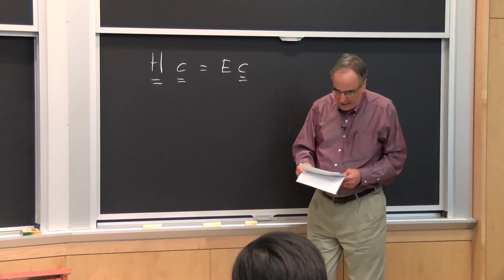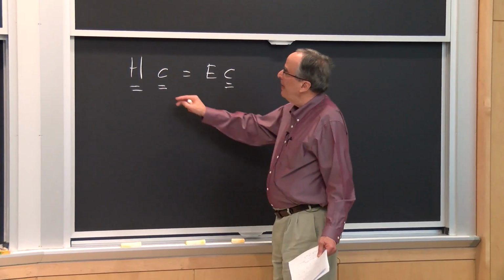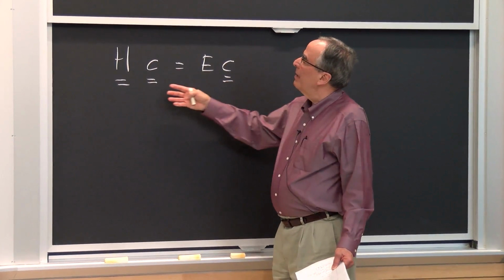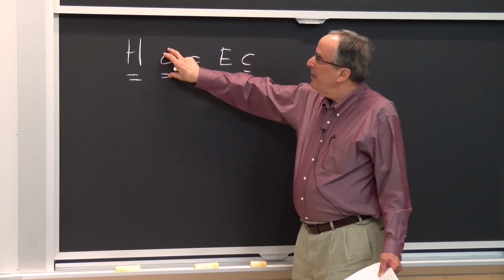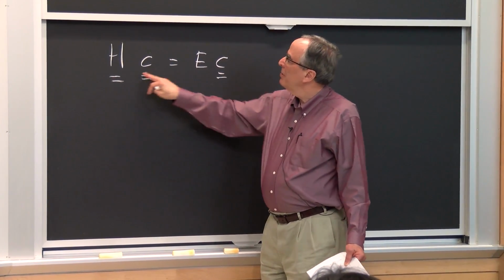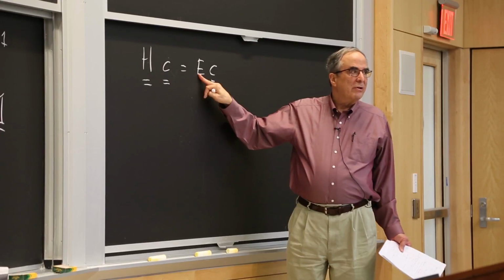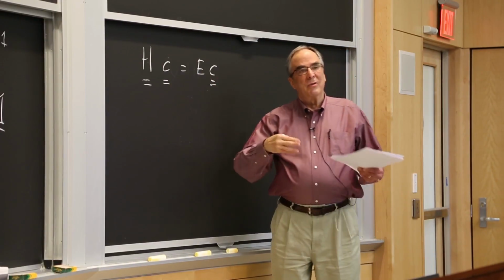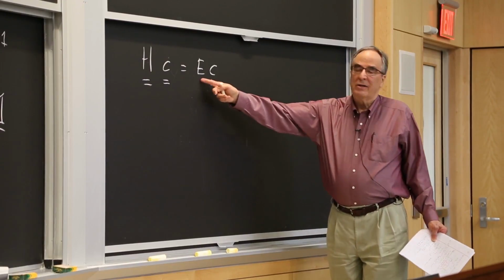You have to get used to that. So we want to find the vectors that are eigenvectors of this Hamiltonian with eigenvalue E. It's just like the Schrodinger equation, except it's now looking for eigenvectors rather than eigenfunctions and eigenenergies.